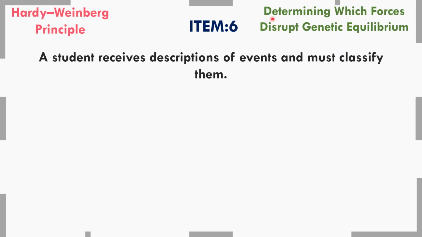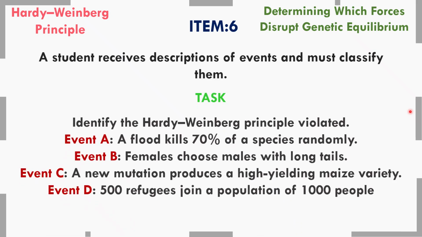Let us now look at determining which forces disrupt genetic equilibrium. Still on Hardy Weinberg Principle. Item 6. A student receives a description of events and must classify them. Task: identify the Hardy Weinberg Principle violated.